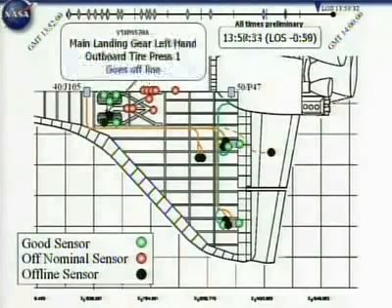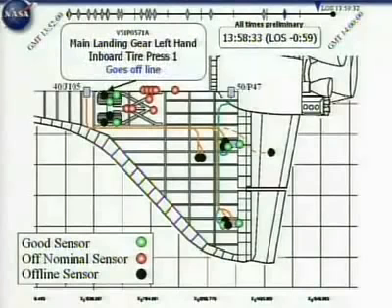Next chart's the main landing gear left hand outboard tire pressure. Number 1 goes offline, non-functional. Next chart, main landing gear left hand inboard tire pressure goes offline. So you can see the sequence of how these things are starting to add up. Here we are at 7:58 approximately a.m., and so we're getting near to the time where we lost contact with the crew in the vehicle.